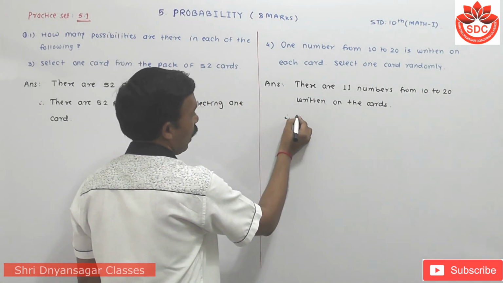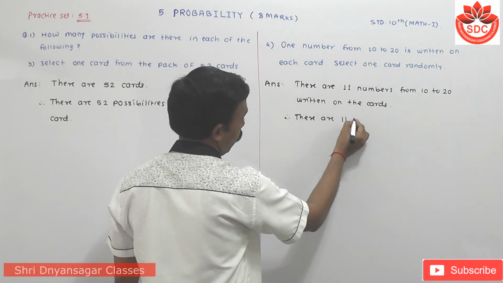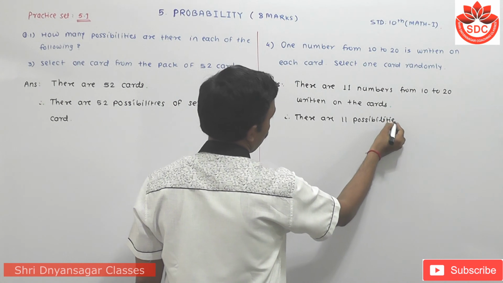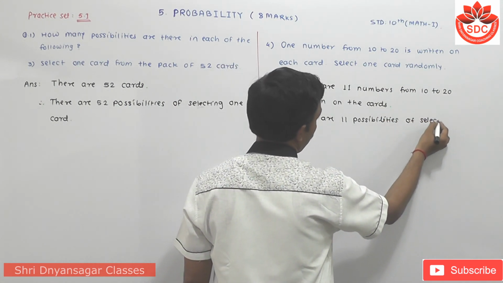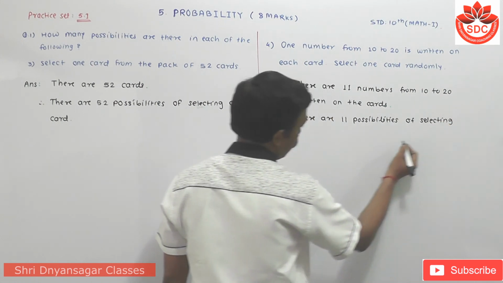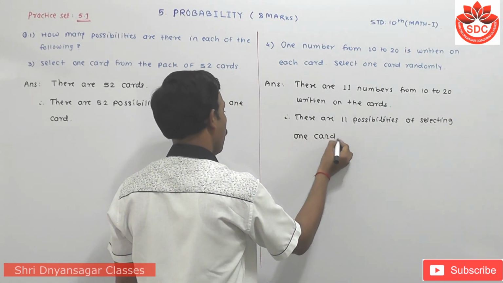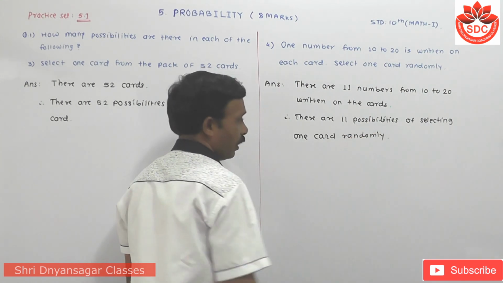Therefore, there are 11 possibilities of selecting one card randomly. Can you understand this?